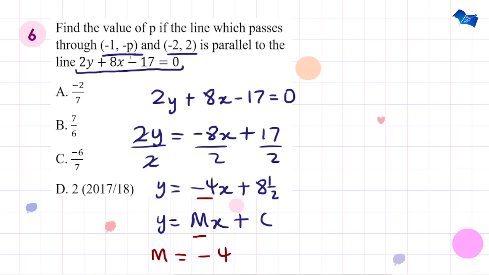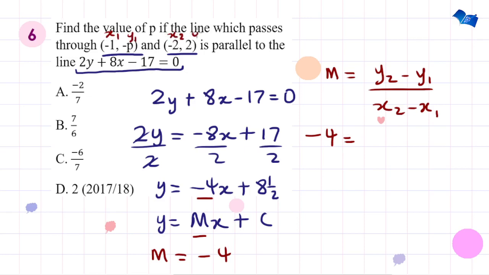Now let's get the gradient of the line that joins these 2 points. The gradient of a line m is equal to y2 minus y1 over x2 minus x1. Now remember, they are parallel lines, so I can replace gradient with minus 4. Gradient of parallel lines are equal. This is x1, y1, x2, y2.